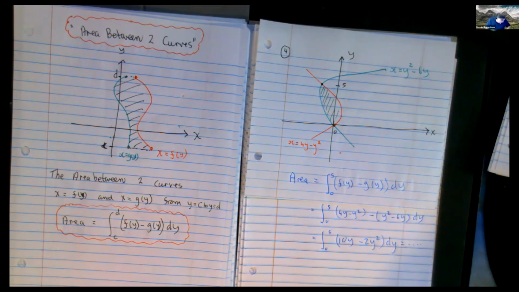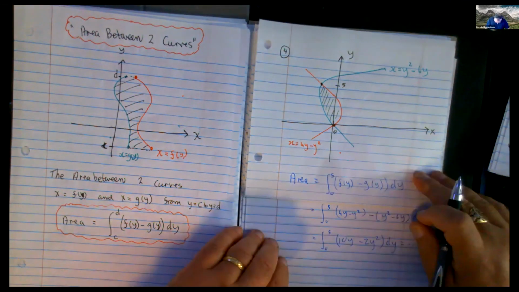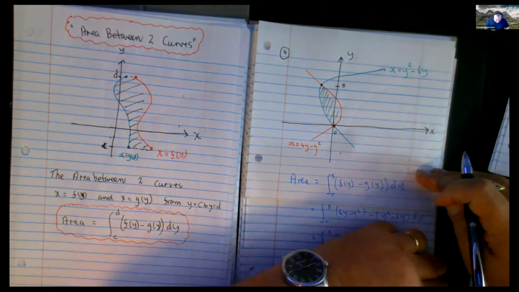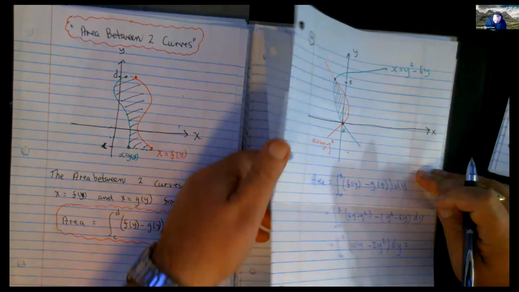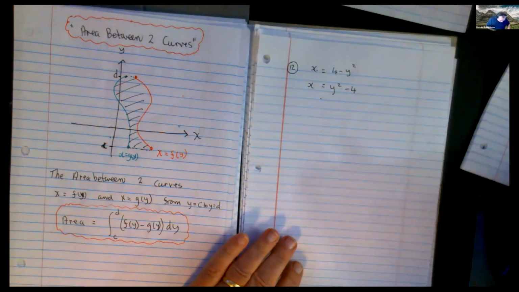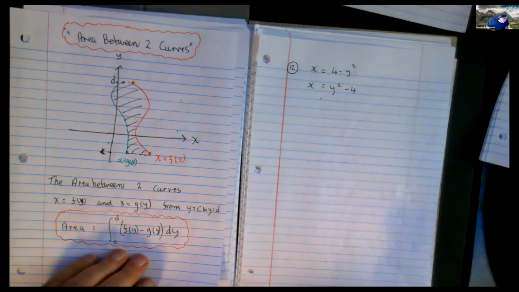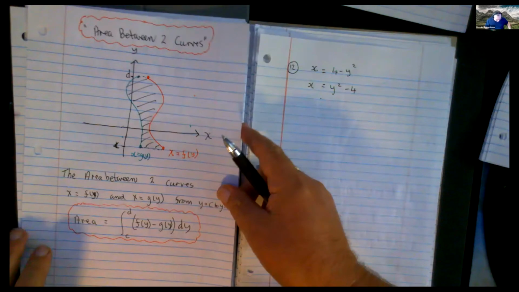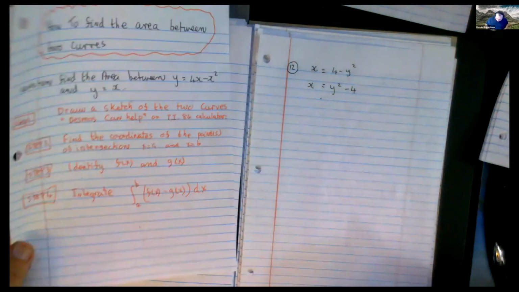Okay. Our next one that we're going to have a look at, I believe, putting my little list here, is 12. 12 is different because you don't get all the stuff that you need. We're going to have to use Desmos to help us.